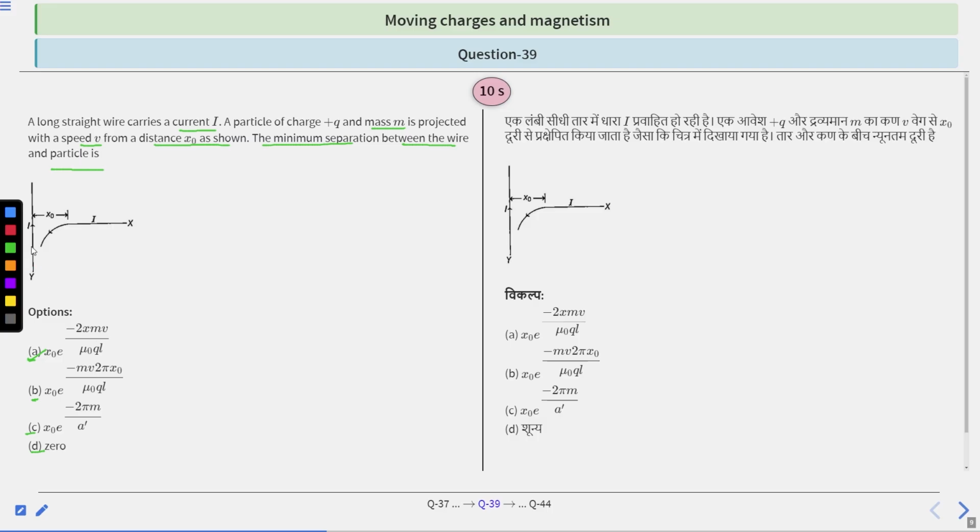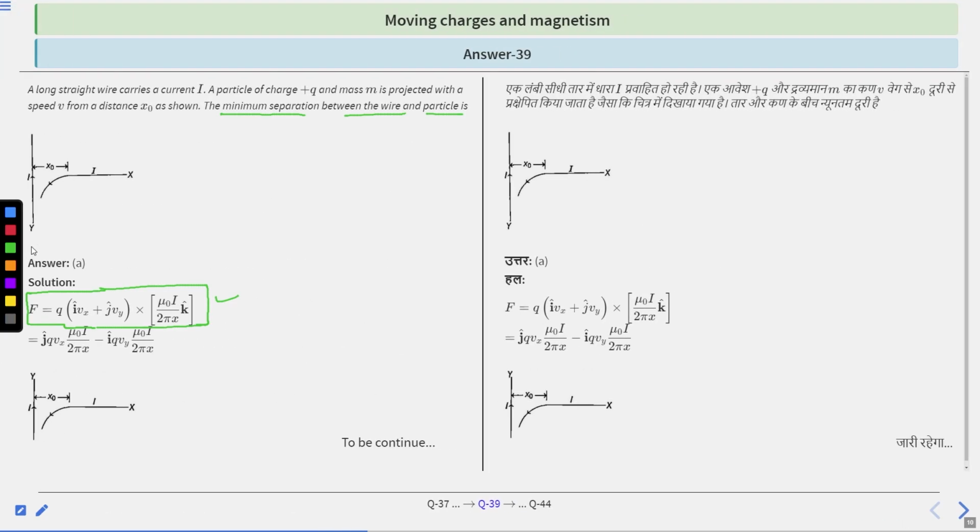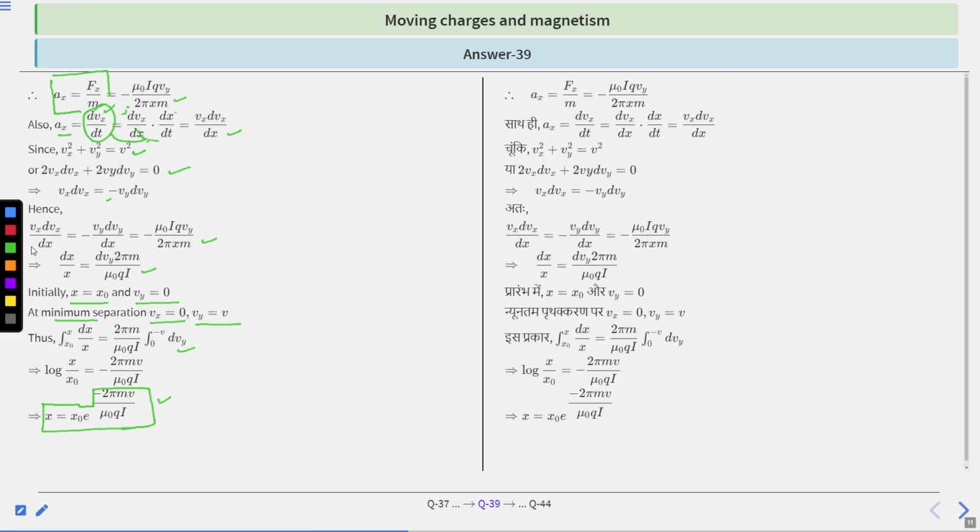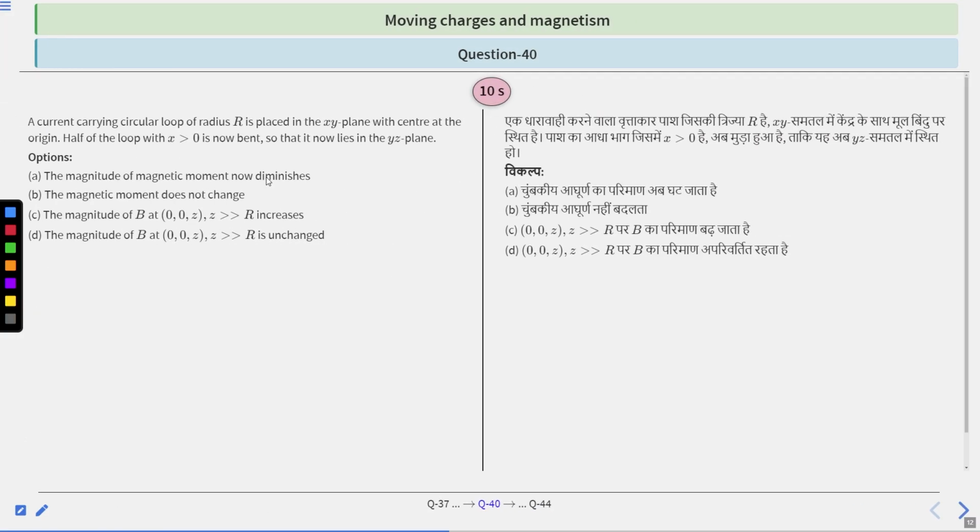Next question. Question 40. A current carrying circular loop of radius r is placed in the xy plane with center at the origin. Half of the loop with x greater than 0 is now bent so that it lies in the yz plane. Given options: option A, the magnitude of magnetic moment now diminishes.